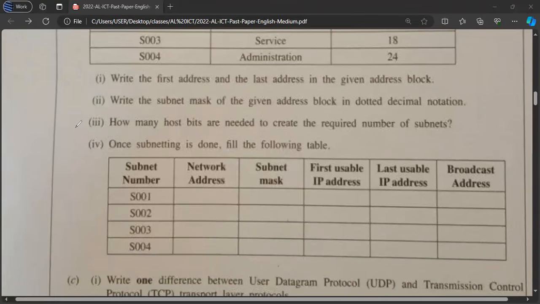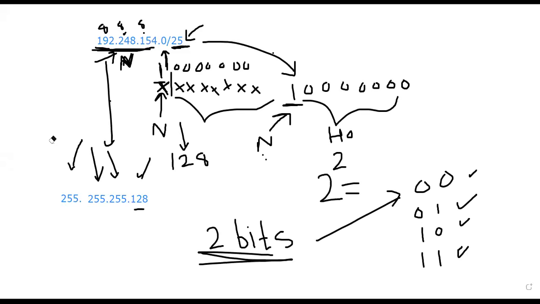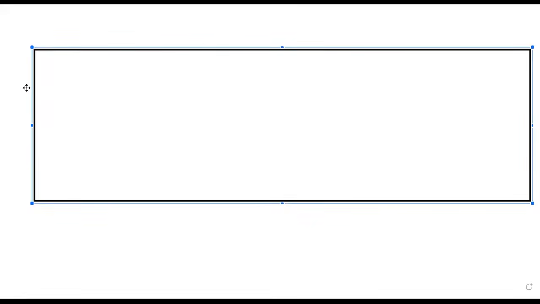So let me delete all these drawings. First I need to have the subnet number, then the network address.